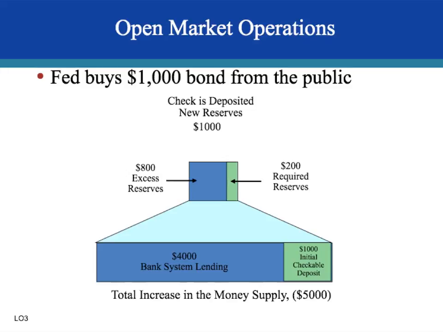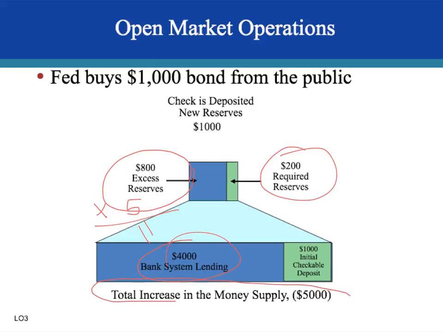In this case, the required reserve is 20%, so they have to hold $200 as required reserves, and then they can lend out the $800 in excess reserves. Again, if the multiplier is 5, we get $4,000 created from the bank lending system. And then if you add the initial $1,000 deposit, the total increase in the money supply is $5,000.